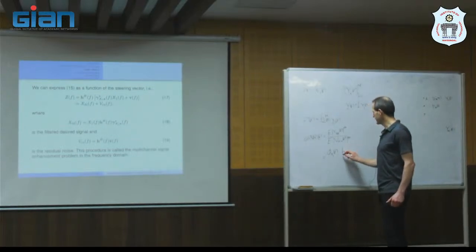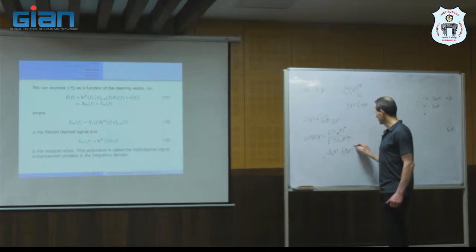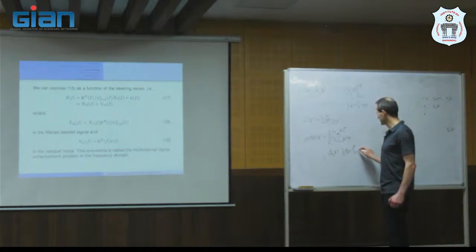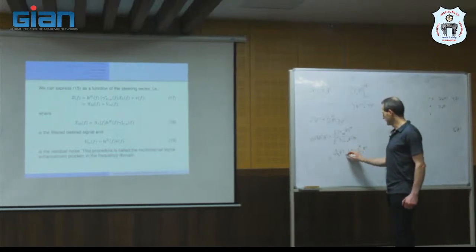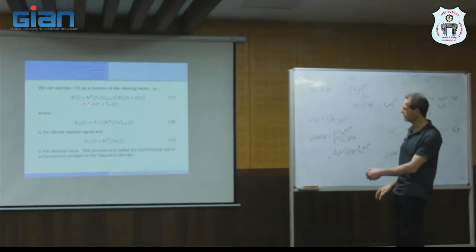So it will be h conjugate transpose multiplied with the coherence function between x1 and x, magnitude squared. See, this is the variance of this part.